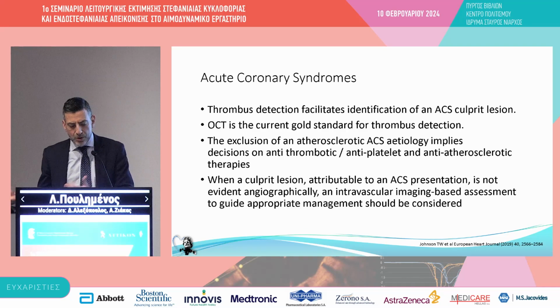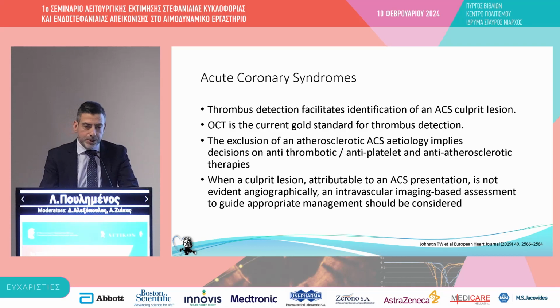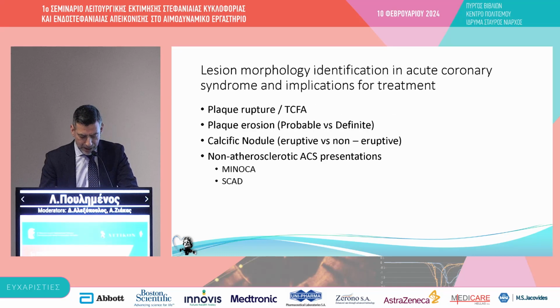Atherosclerotic versus non-atherosclerotic ACS. When a culprit lesion attributed to an ACS presentation is not evident by angiography, imaging is imperative in order to guide appropriate management and further examinations.